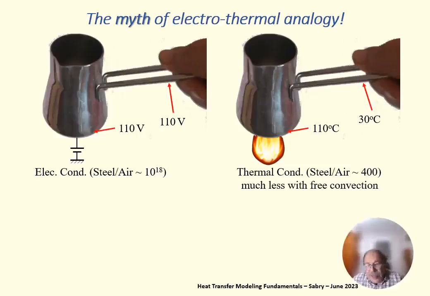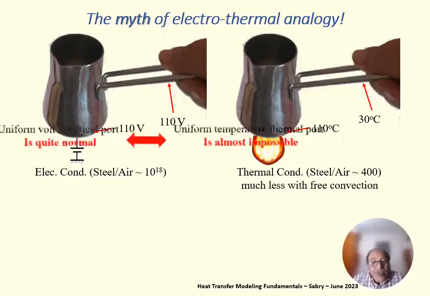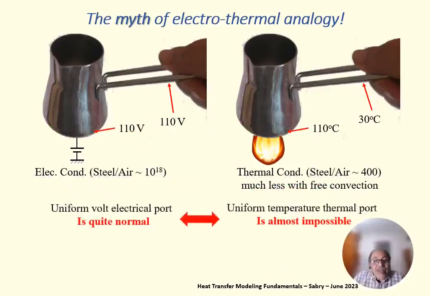You will not have the same temperature everywhere. The same for air. Air is a very good electrical insulator. No single electron will escape through air. But from the point of view of thermal, air is an insulator, yes, but some heat will go through air.